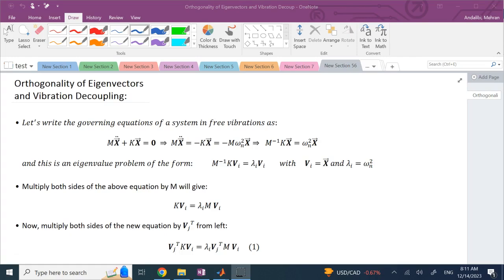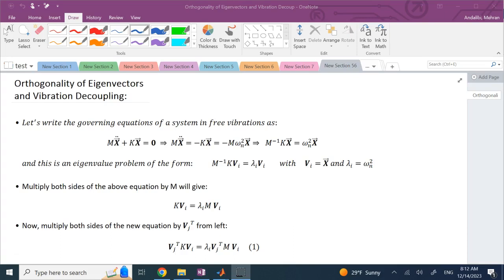Remember, I showed you that if you have a free response starting from rest with some initial condition, you can find the weights of the natural frequencies of the system that exist in the free response using the matrix formed by these eigenvectors, the modal matrix, and the initial condition, right?